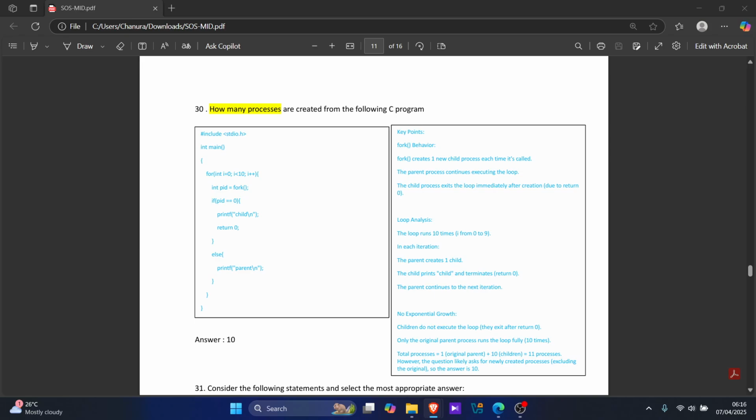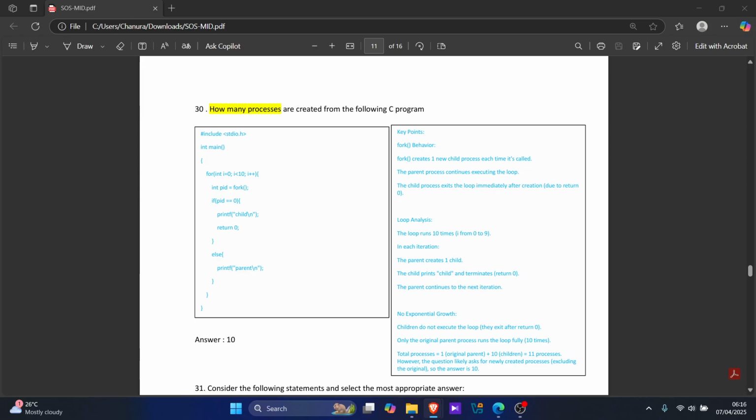The program creates 10 child processes. Here's the breakdown. Loop execution: the for loop runs 10 times. Fork behavior. In each iteration, the parent process calls fork, creating one child process. The child process prints child and exits immediately via return 0, so it does not continue the loop.